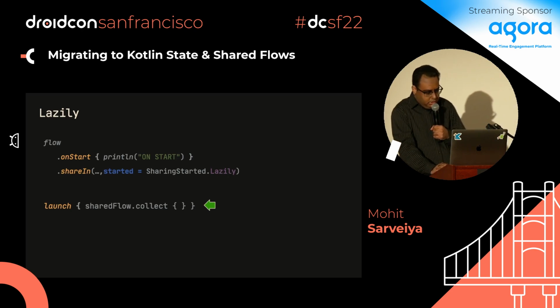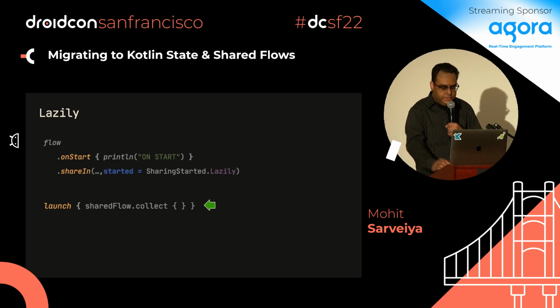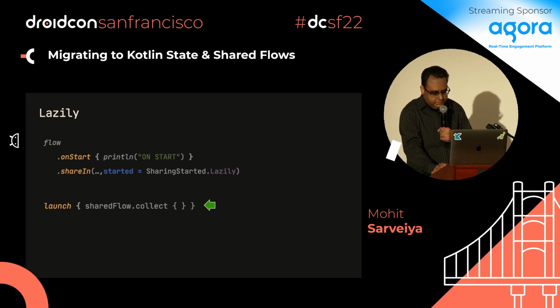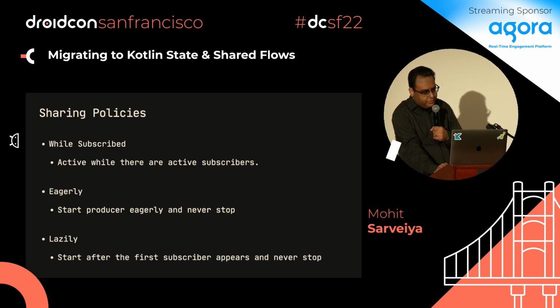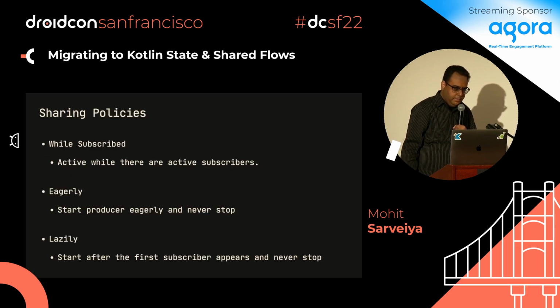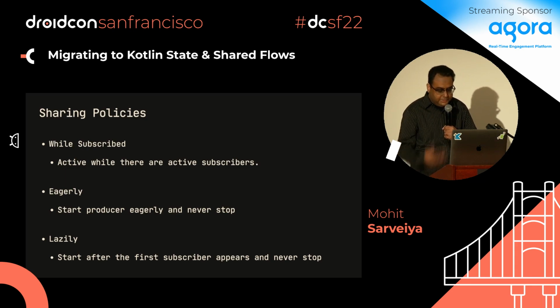So this is very similar to, for example, in a coroutine context, you could specify lazy and then do job.start, similar to that. And then you'll see that on start gets printed out. So this is lazily. So these are the 3 sharing strategies to be aware of. And based on your use case, you would pick one of them.